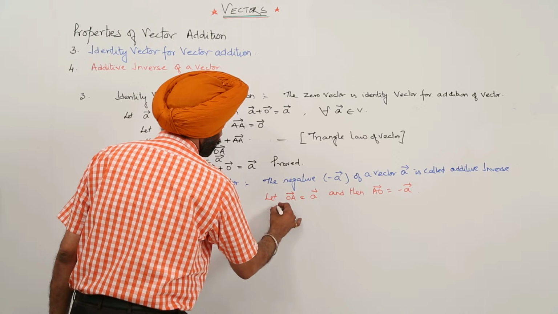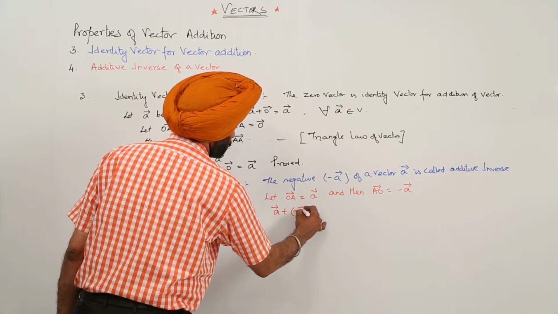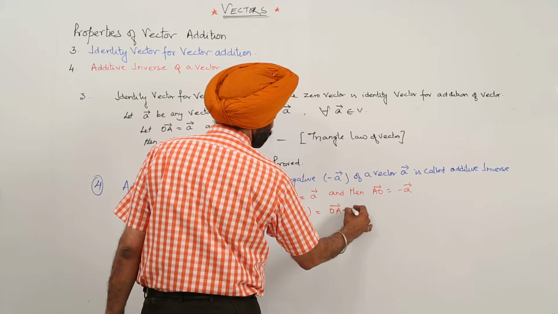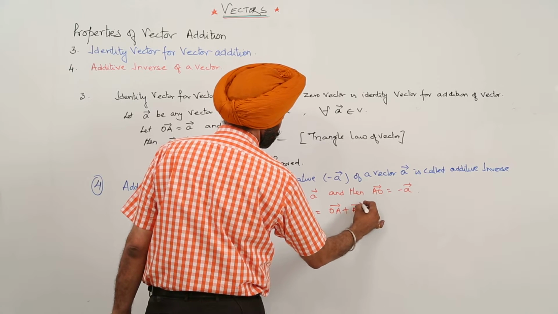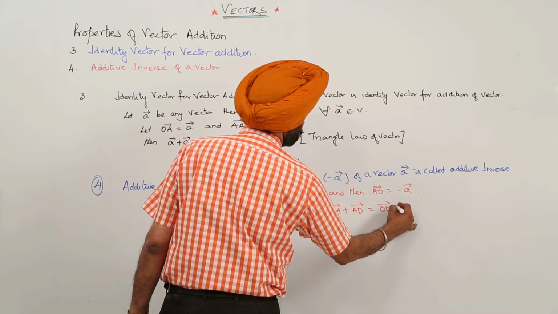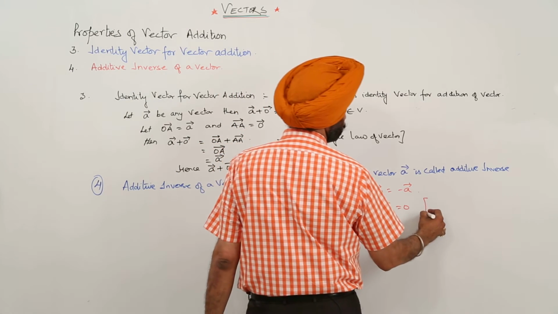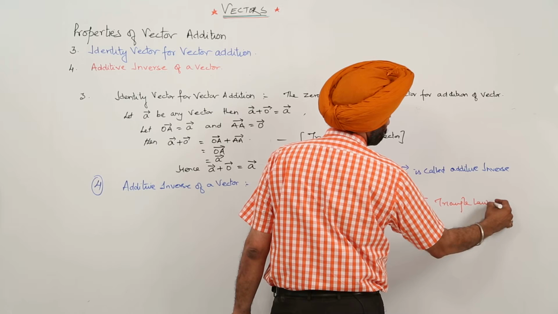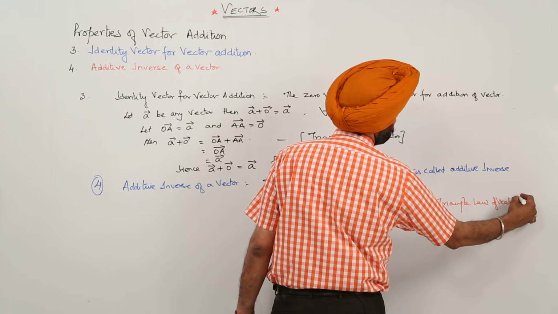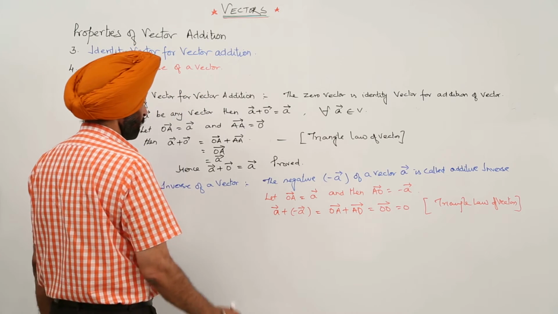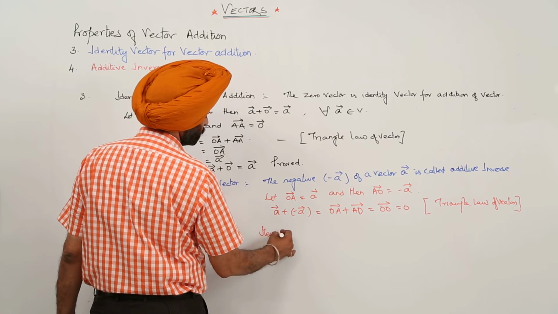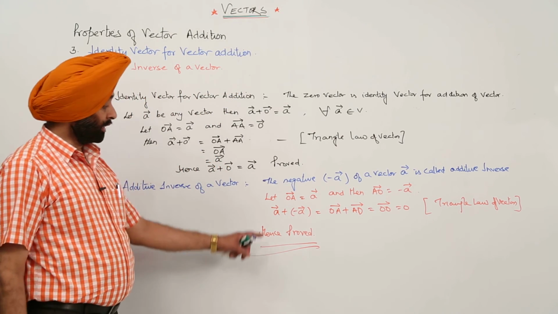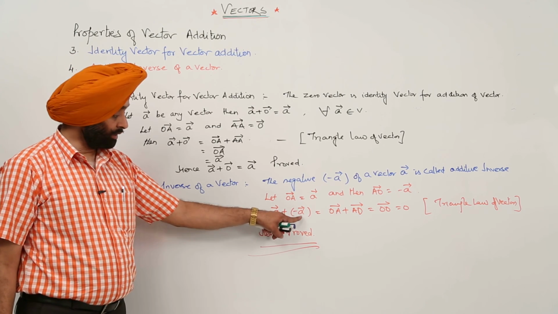Now vector A followed by negative of vector A is equal to OA followed by AO, and this is equal to triangle law of vector. Hence proved. This is also proved that additive inverse of vector A is negative of vector A.